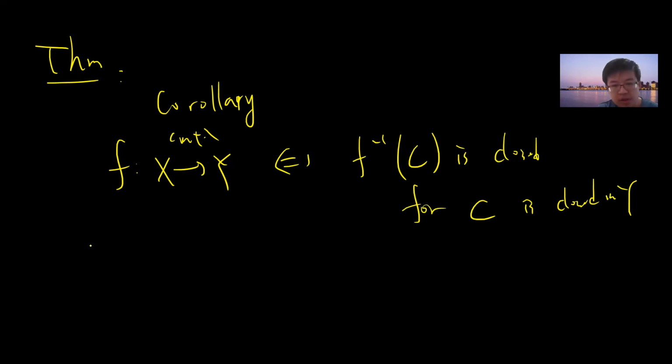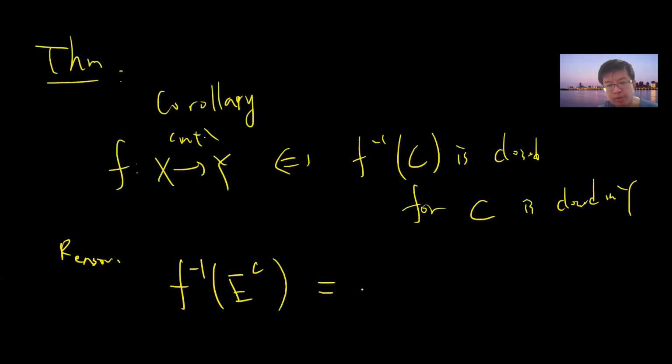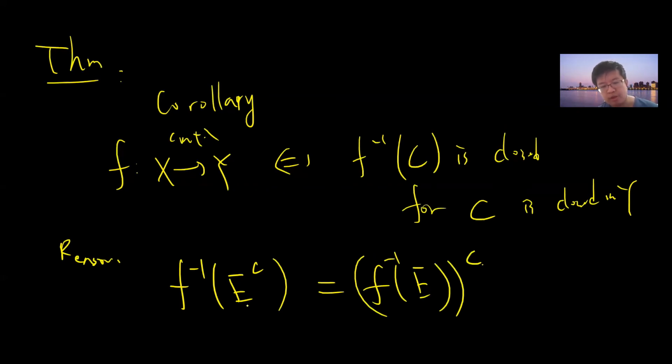If you take any set E and do the complement, it is just the complement of f inverse of E. If the original C is closed, its complement is open, so you change C to its complement and apply the previous results.